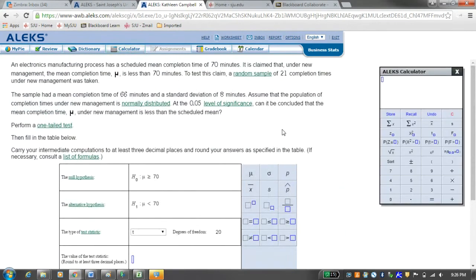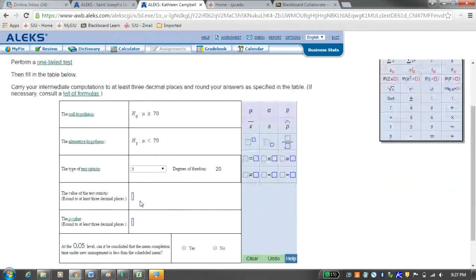So 66 minus 70 gives us a numerator of 4. And our denominator is our standard deviation, which is 8 divided by the square root of 21. And that gives us negative 2.29.